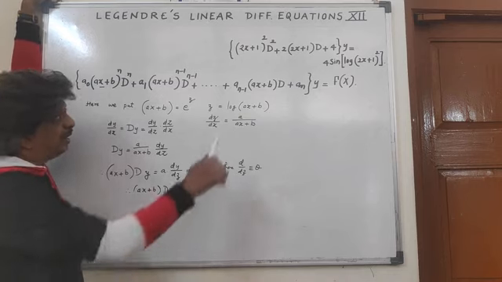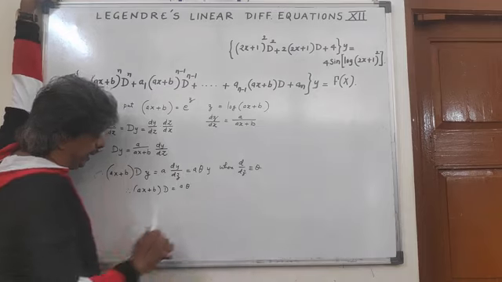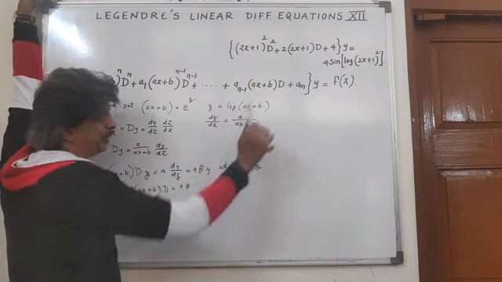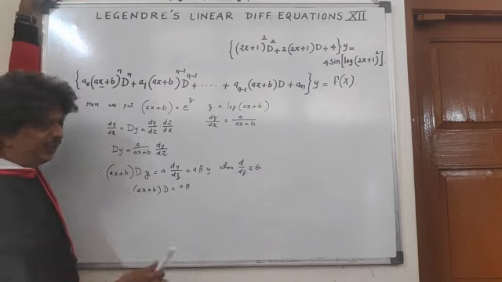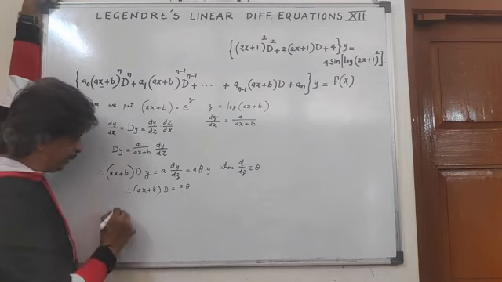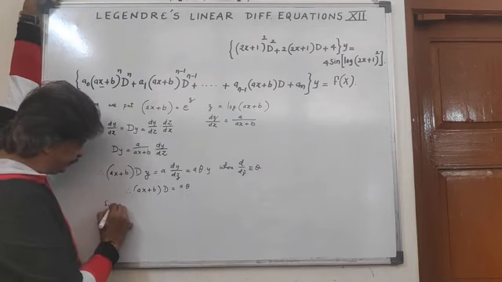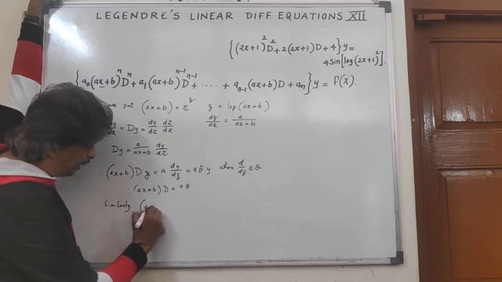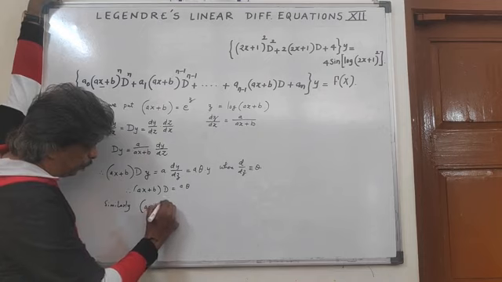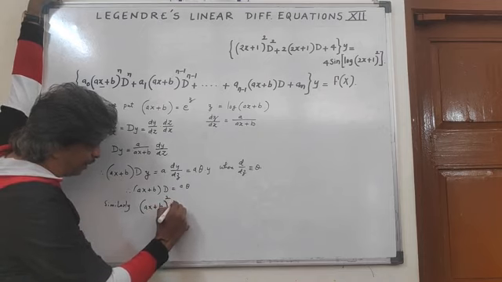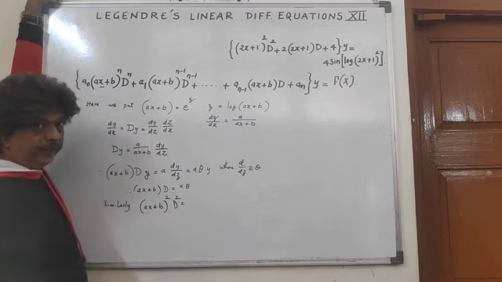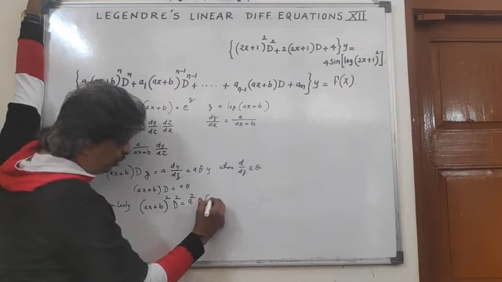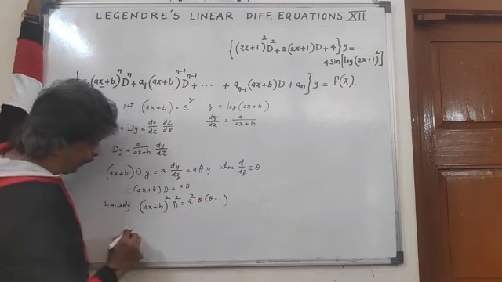Similarly, we can establish ax plus b whole square into capital D square is equal to a square into theta into theta minus 1.